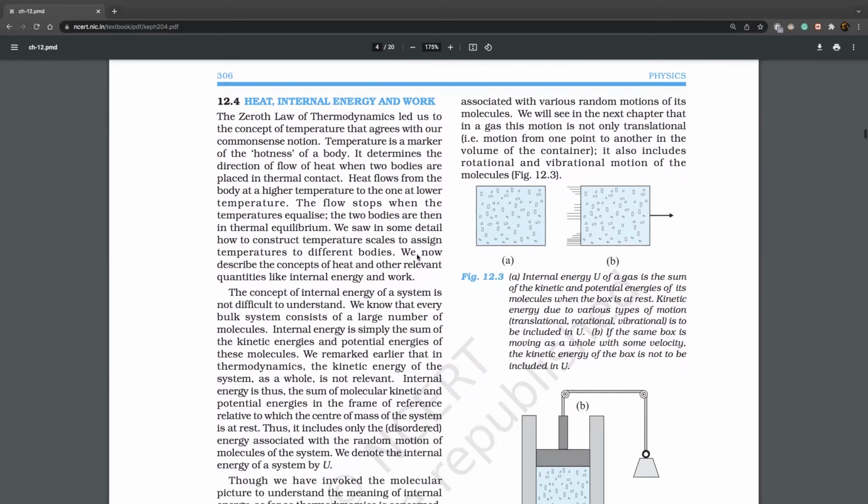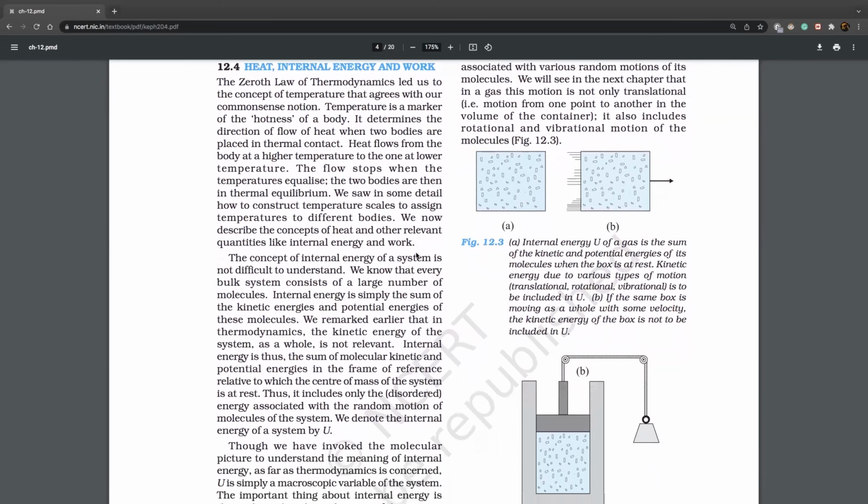So we remarked earlier that in thermodynamics, the kinetic energy of a system as a whole is not relevant. Internal energy is thus the sum of molecular kinetic energy and potential energies in the frame of reference relative to which the center of mass of the system is at rest. So it includes only the disordered energy associated with the random motion of molecules. Molecules are in complete random motion, especially in gases.